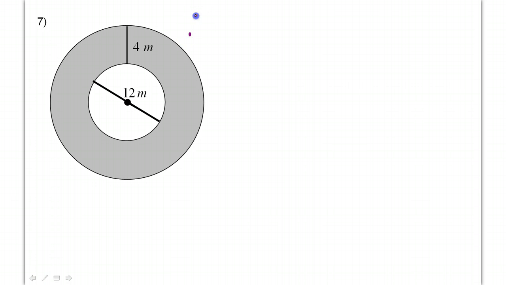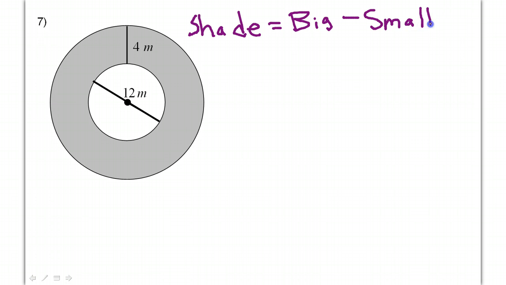So, Ashlyn, to find the shaded area is going to be the same as finding the big area minus the small area. Okay, the big circle minus the small circle.